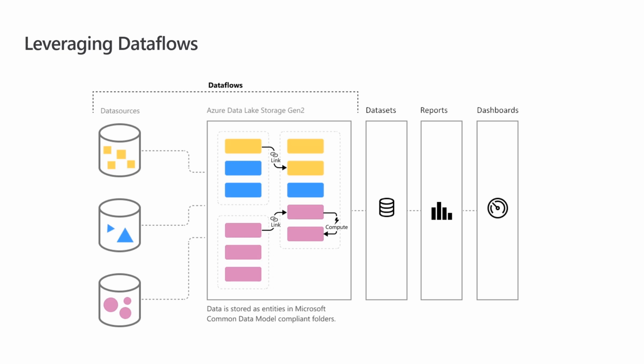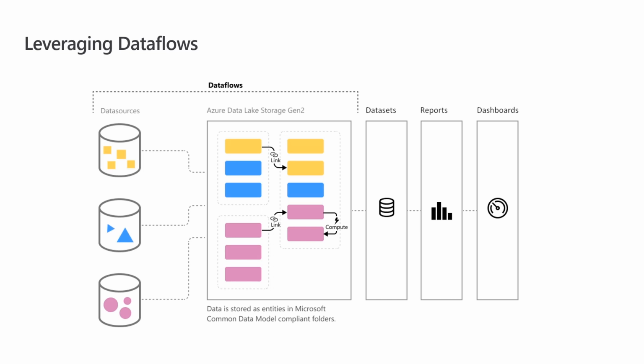Where data flows come in is they allow you to have a predefined data source that you're going to pull in as your data set. Data flows come from external sources just like data sets, but they allow you to do some pre-processing on them. So rather than having to do that work on each Power BI report or dashboard you're going to build, you can do that once in the data flow and then bring the data flow in as your data set. And then your report and dashboard is based off that data flow, and you're not having to redo some of the prep work over and over again.